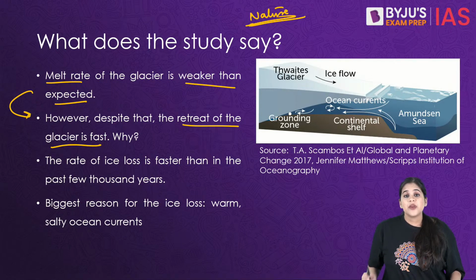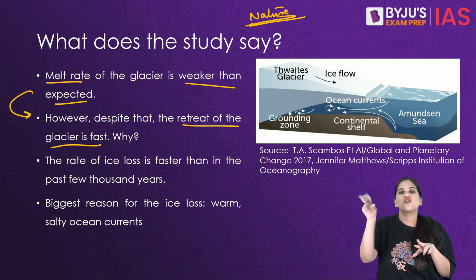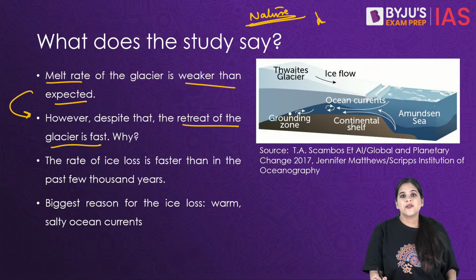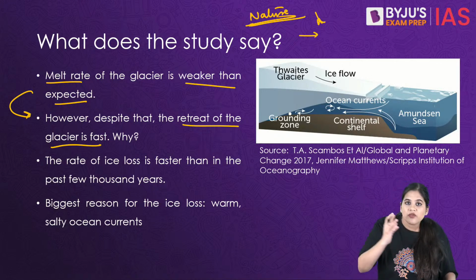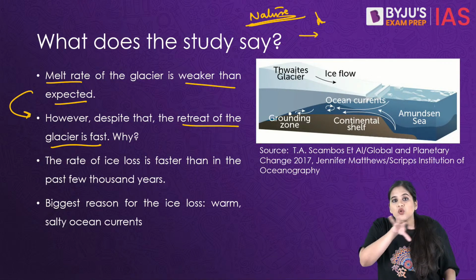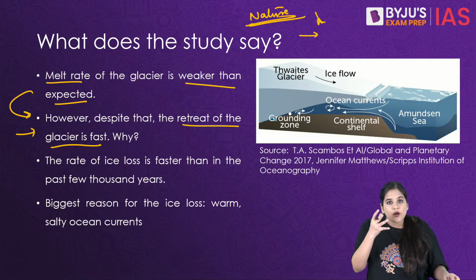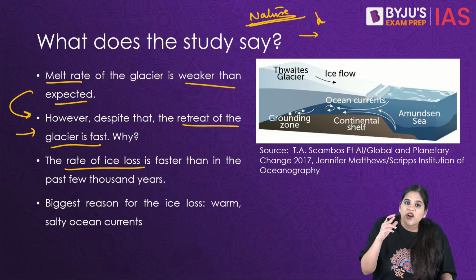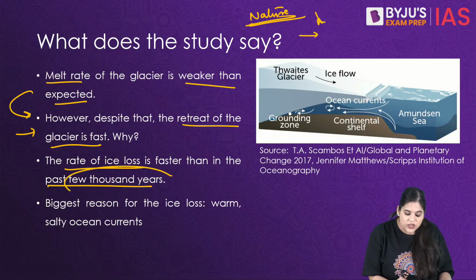Why? Because the ice is not getting rejuvenated. The rate of incoming ice is less than the rate at which the ice is going out. So that is why there is a retreat of this glacier. The rate of ice loss is even faster than it was in the past few thousand years.